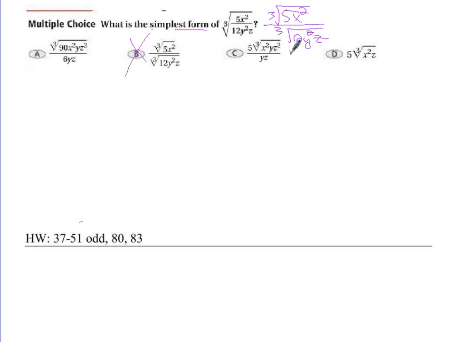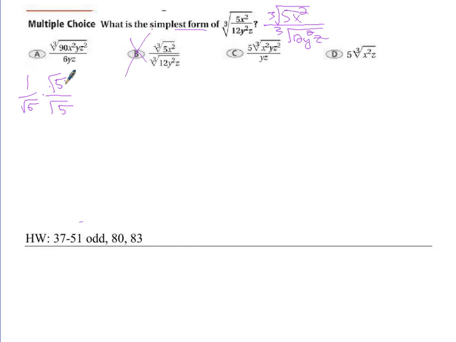What I need to do is, like square roots, if I had 1 over the square root of 5, we talked about this one last time, I have to multiply by a fancy 1 to get rid of that square root. To undo a square root, I have to have it be squared. So in order to make the square root of 5 squared, I multiply by the square root of 5, top and bottom.